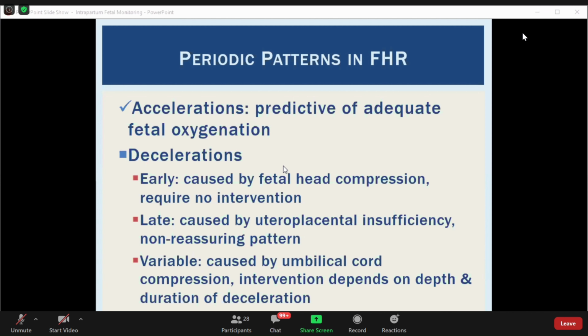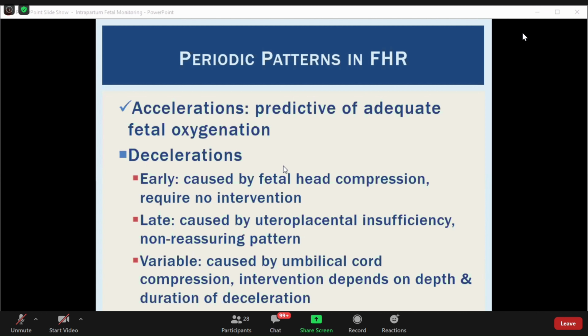The fetal heart rate decreases at the beginning of the contraction and it returns to baseline at the end of the contraction. They are consistent in appearance. So basically an early deceleration mirrors the contraction. As the contraction is going up, the fetal heart rate is going down.